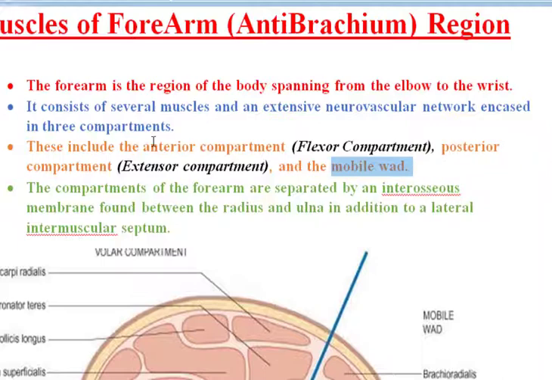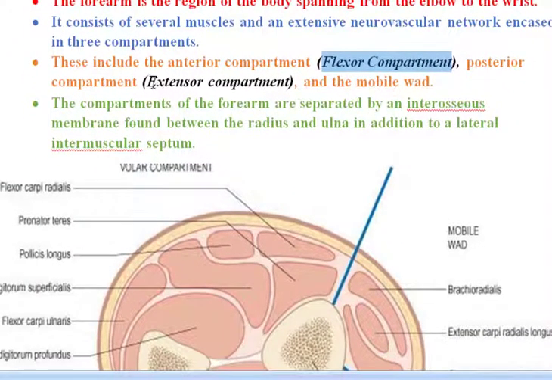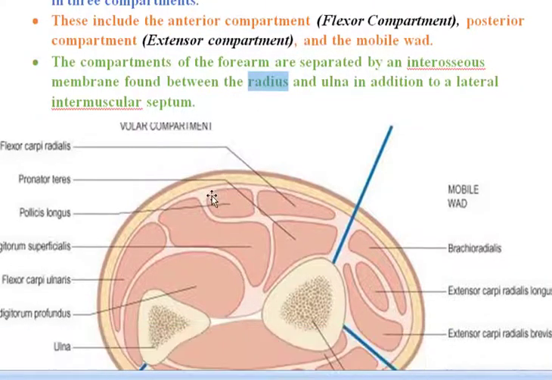The anterior compartment muscles are called the flexor compartment, and they are responsible for the flexion of the hand. The posterior compartment muscles are called the extensor compartment, and they are responsible for the extension of the hand. The compartments of the forearm are separated by the interosseous membrane found between the radius and ulna, in addition to the lateral intermuscular septum.